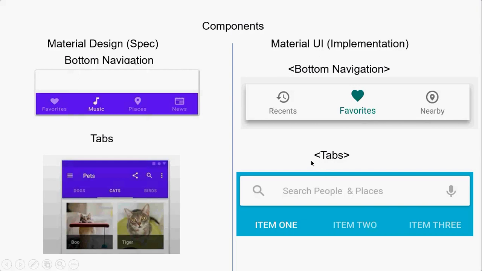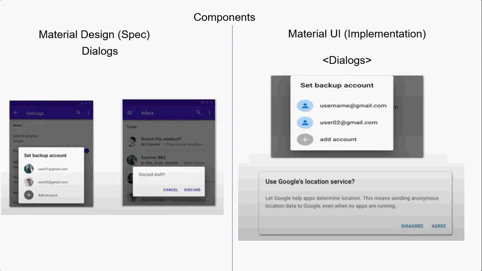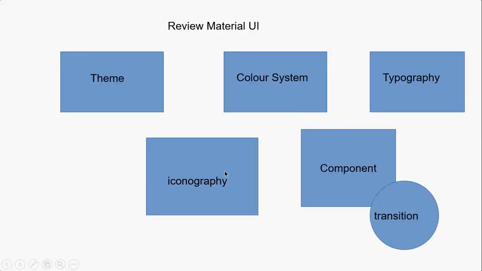Tabs, you know, right? So dialog boxes. Something like this we can see in multiple places. And this is the rich set of UI components, correct? And also it provides the color system.